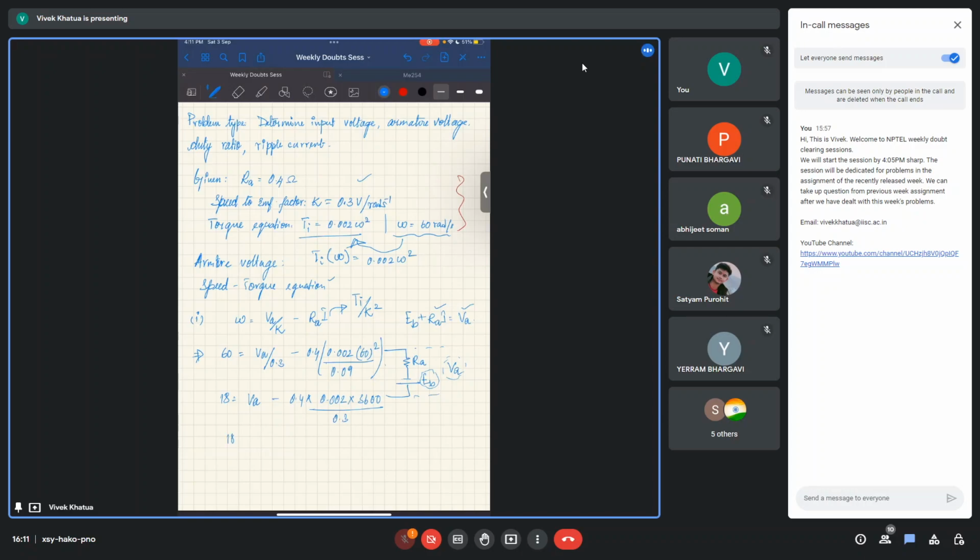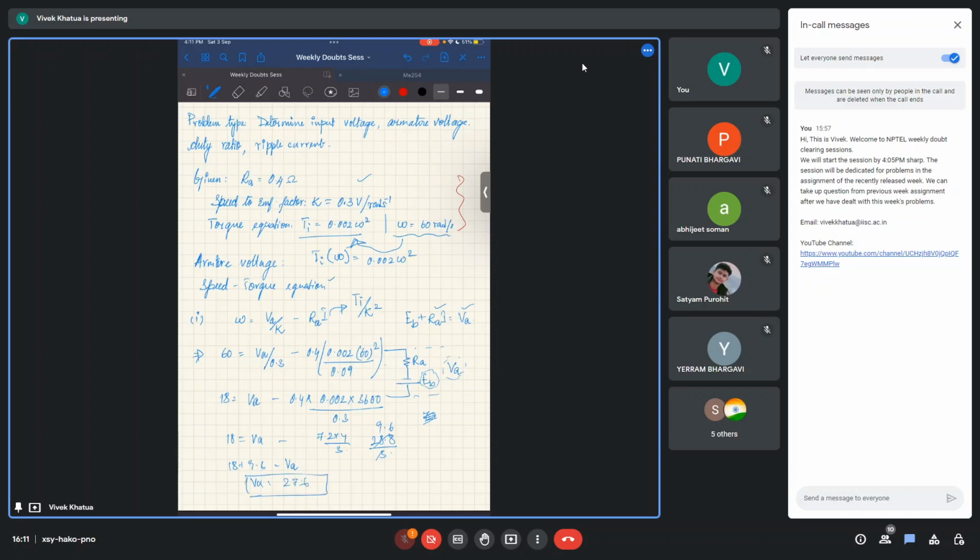So 18 equals VA minus 0.2 times 7.2 times 4 by 3, which is 7.2 times 4 divided by 3, 9.6. So VA is 18 plus 9.6, that will be 27.6.